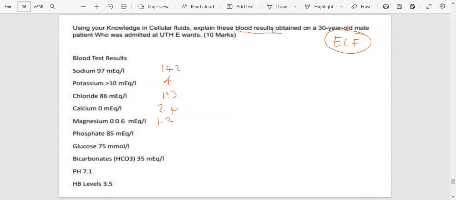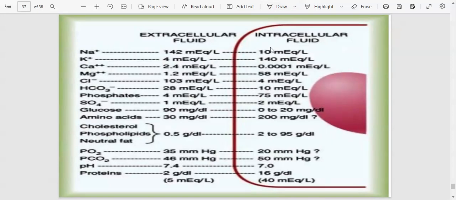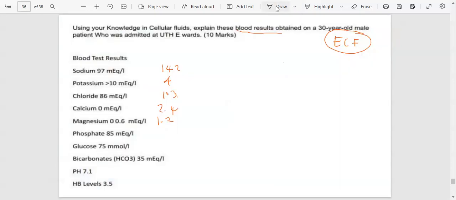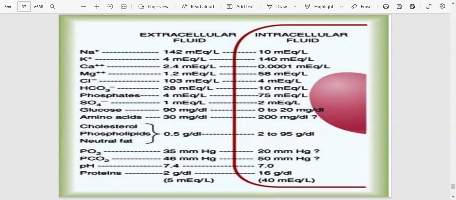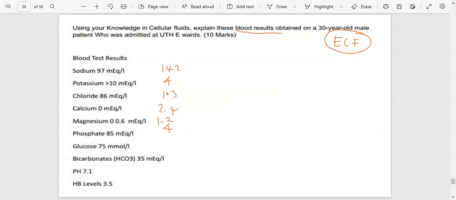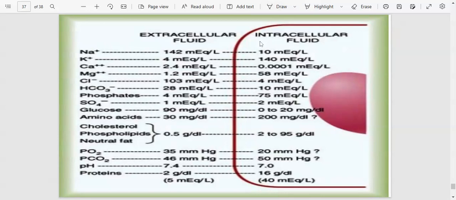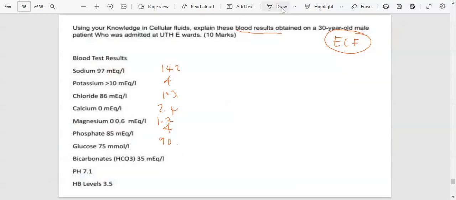If you look at the phosphates, the normal ones which are supposed to be present are 4 milliequivalents per liter. For glucose levels, the normal is supposed to be 90 milligrams per deciliter. The normal bicarbonate concentration in ECF is 28.